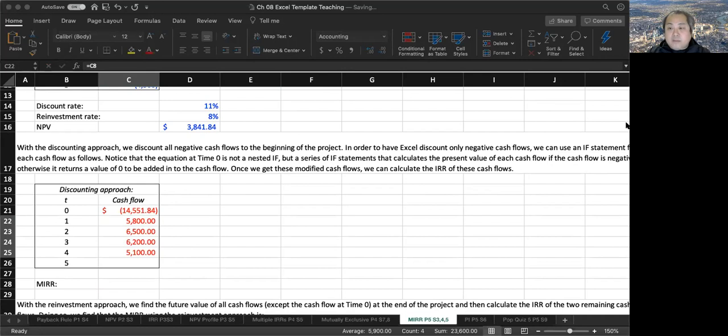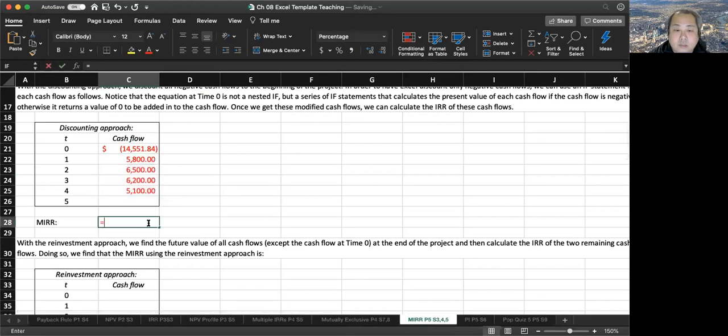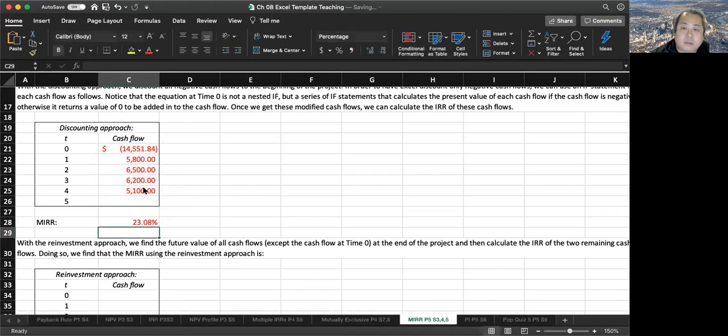For year 5 cash flow, we already included it as a present value. Then compute the IRR of this cash flow. 23.08% is the MIRR using the discounting approach.